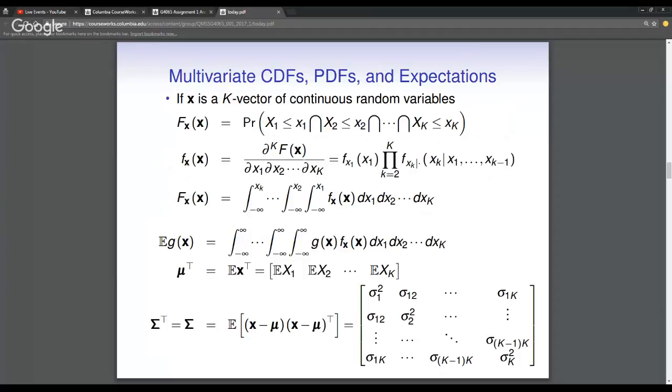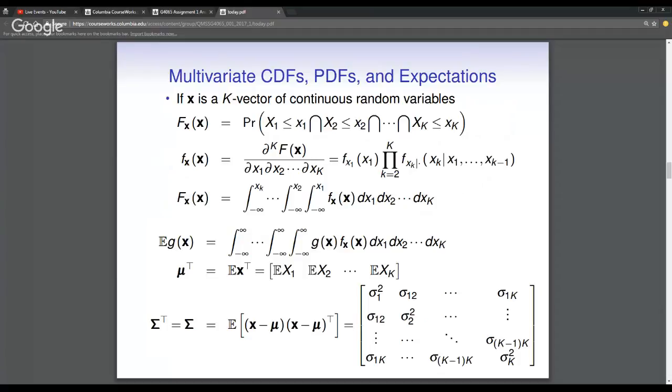We could write the PDF for the multivariate x as the marginal PDF for x1 times the conditional PDF for x2 given x1 times the conditional PDF for x3 given x2 and x1 times the next x conditional on all the previous x's up until we run out of x's, which would be k.